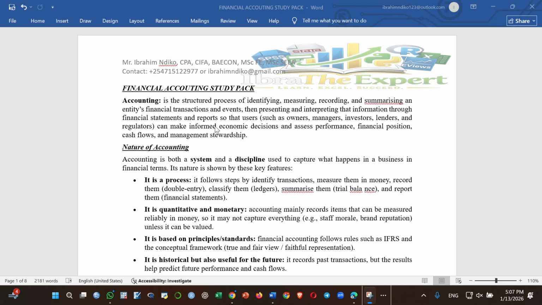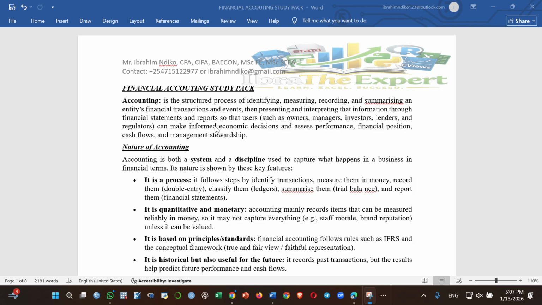For example, if you pay for books, that book can be converted into money, and then we record them using the double entry system. That is, for every debit there must be a credit. Then we classify them into ledgers. So the ledger is a book of account which records the transactions.